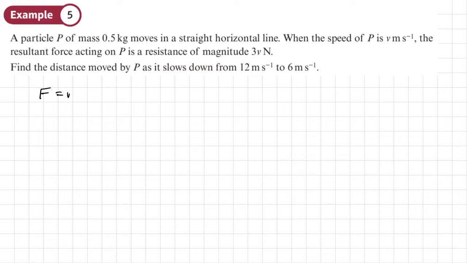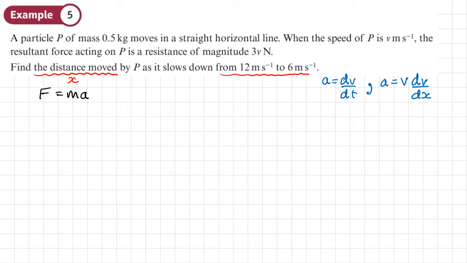So we'll start with this first. Now we know that a can be replaced with dv/dt, or we can replace a with v dv/dx. And if we look at this question, we're trying to find a distance moved, that's like x, and we're given velocities, v.